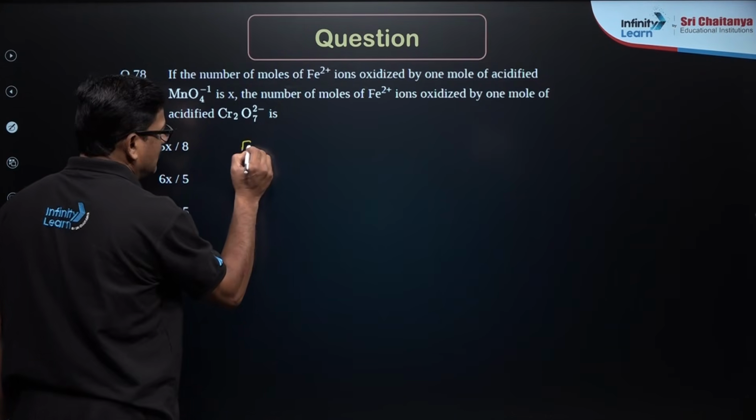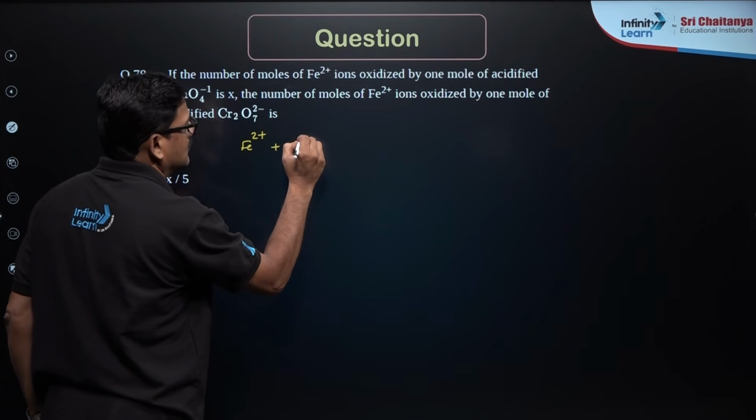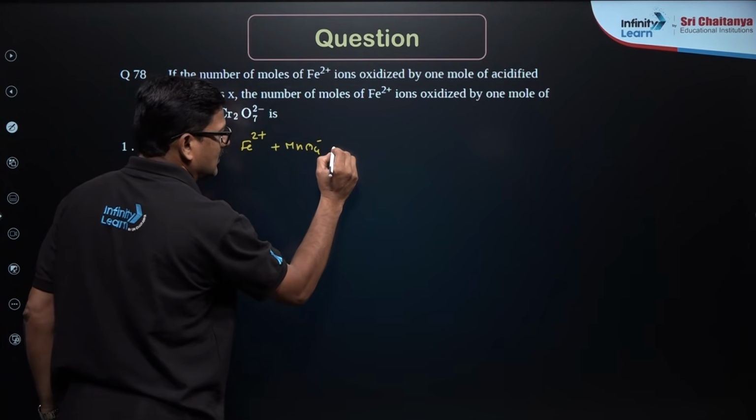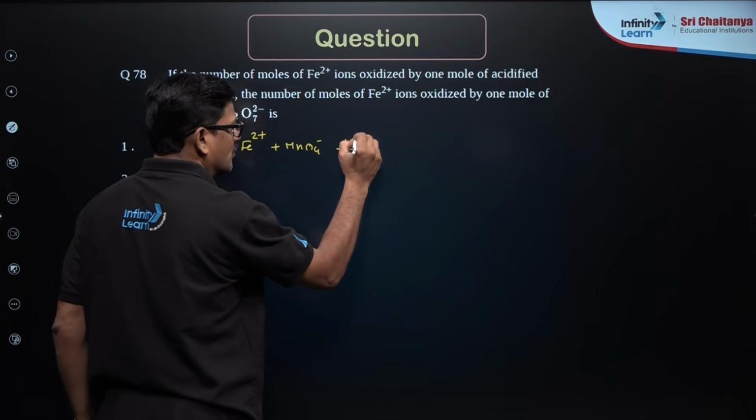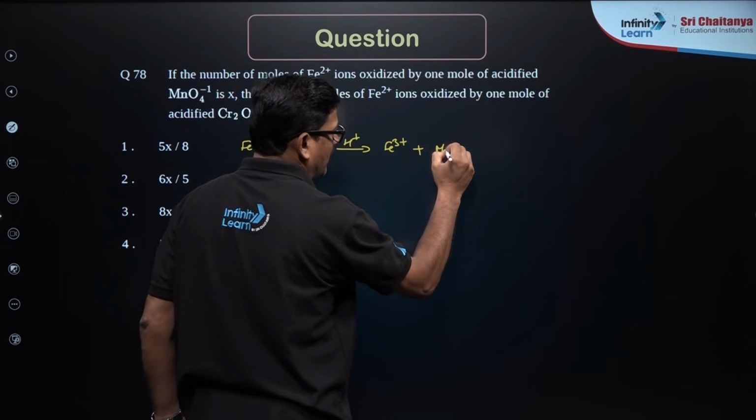So you can see Fe2+ and MnO4 minus in the acidic medium is going to give Fe3+ and Mn2+.